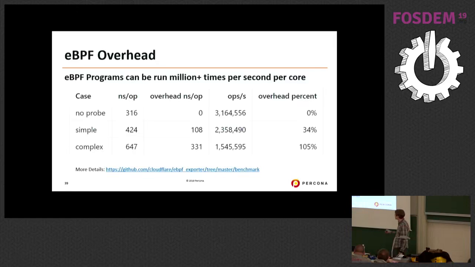If you put, for example, a very complex probe on very common operations, which you run millions of times a second, you can have quite an overhead. As you can see, the Cloudflare guys measured that it can be way over 100%. So be careful what you run in production versus what you run in a test, or you only enable when a system is not healthy.